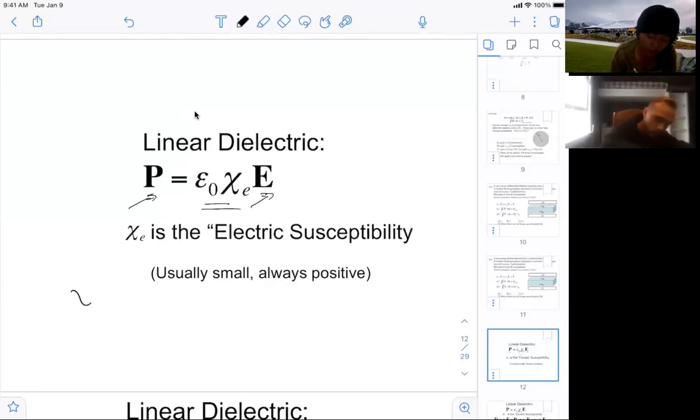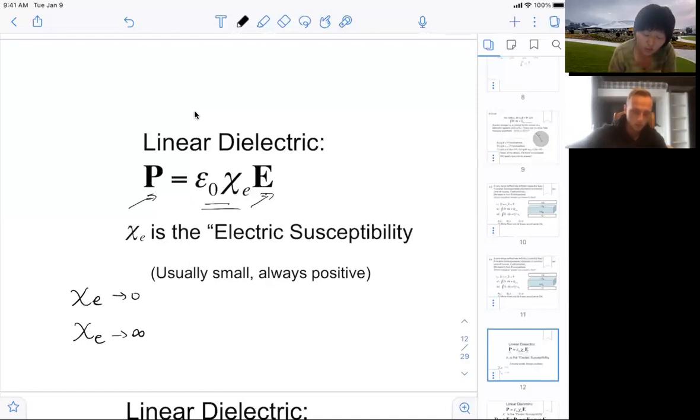So if you're talking about different materials, we can think about the different limits it may have, right? What if we have conductors? Because when we're talking about dielectric material, we can think about the different extremes, something that's like a conductor, or something that is barely polarizable at all.